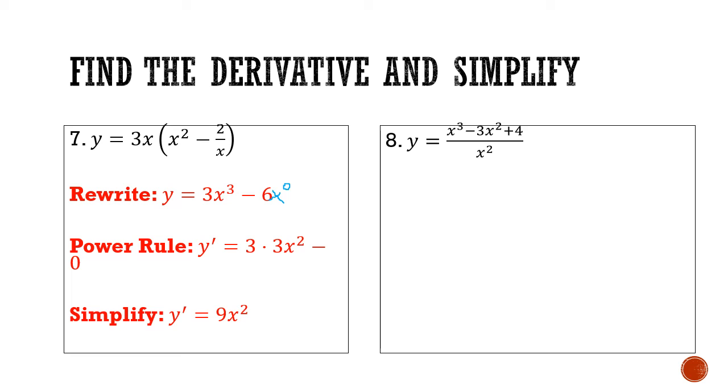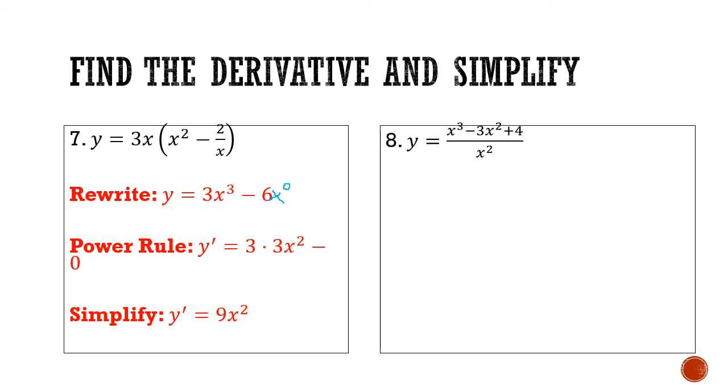Number 8, we cannot apply the rule yet, so when you have a rational expression and you have a monomial in the denominator, like this x squared, we are going to divide each term in the numerator by that monomial in the denominator.